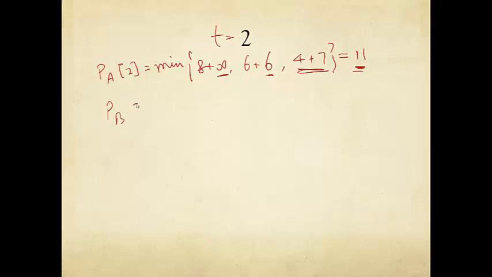Following similar calculation, PB now is 3, and PC now is 2. You can easily derive this yourself or see it in the textbook. What about PD? We're going to stop writing PD because PD is boring. D has only one outgoing neighbor, which turns out to be the destination itself. So it will always stay the same number, which is 7. So now it becomes 11, 3, 2, 7.